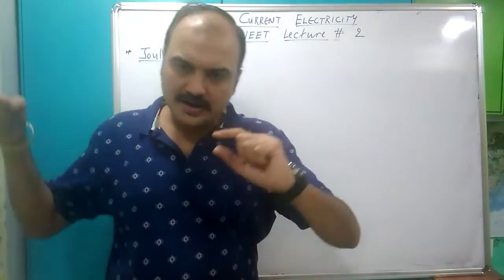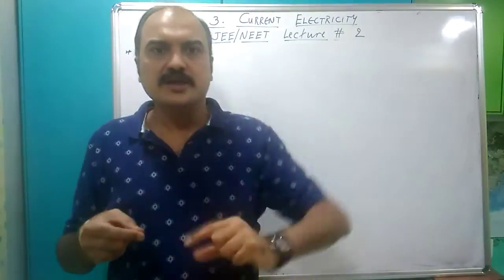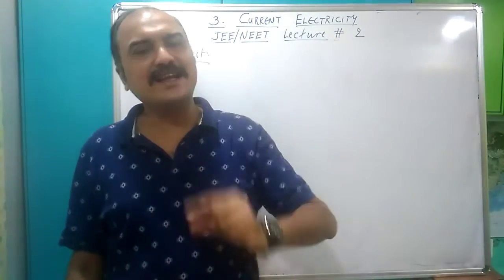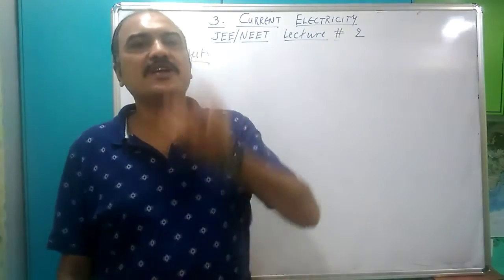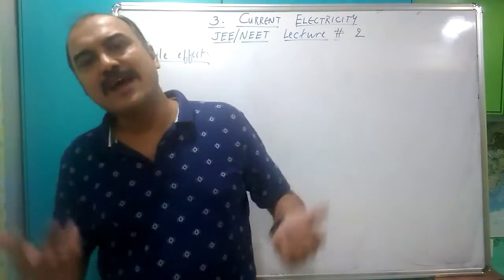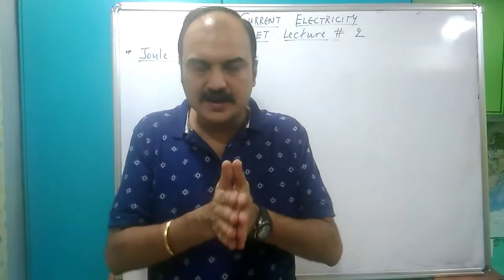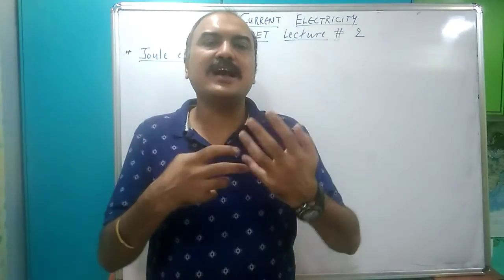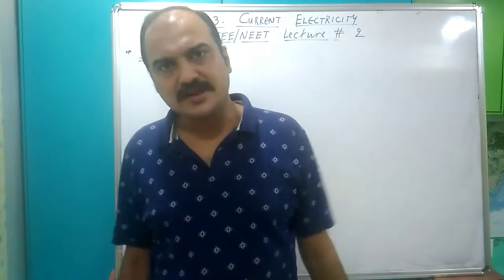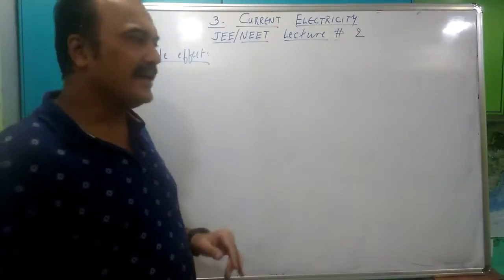So when an electron comes and gives it the kinetic energy, the amplitude of vibrational motion increases and all this vibrational energy is liberated, is given out in the form of heat energy. So all the heat energy that you see is actually the vibrational kinetic energy of the positive ions. So this was the idea.